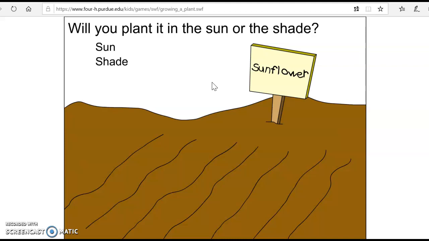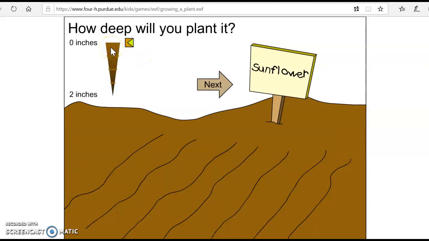Will you plant it in the sun or the shade? The name of the flower is sunflower, so I'm going to choose sun. How deep will I plant it? They're pretty tall, so they probably need to be buried somewhat deep in the soil. I'm going to go about 1.5 inches deep.